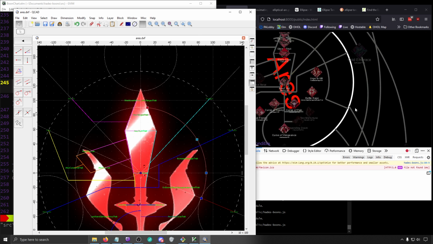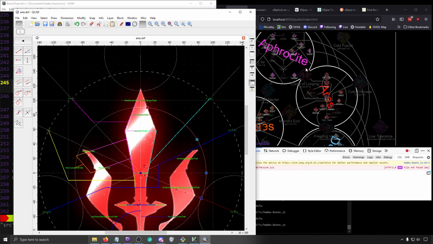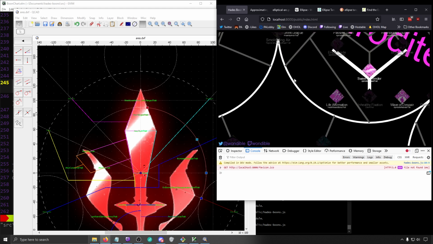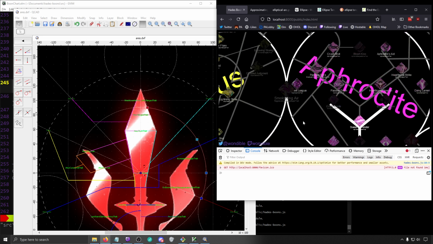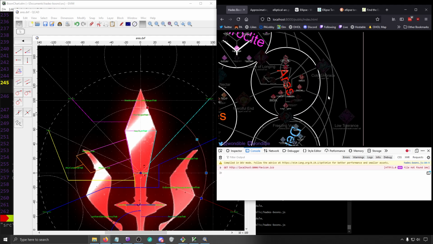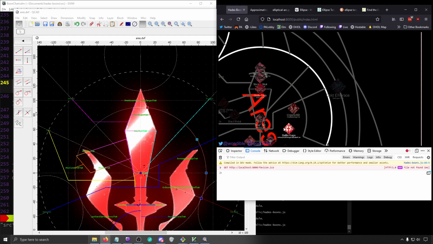Okay, that seems to... Oh, right. Of course it's not going to line up because we're not rotated right now. But it lines up with this line, which basically tells me that this point is correct.